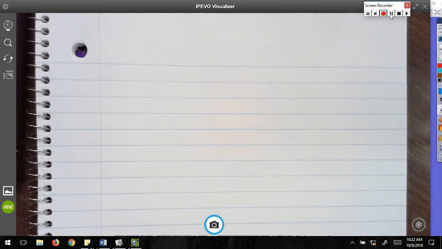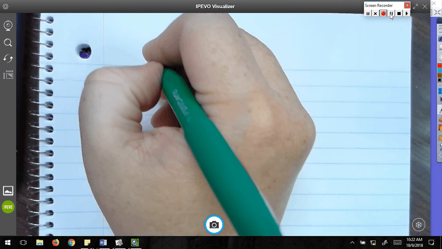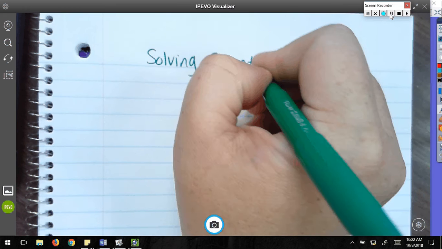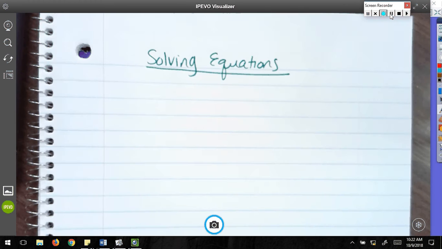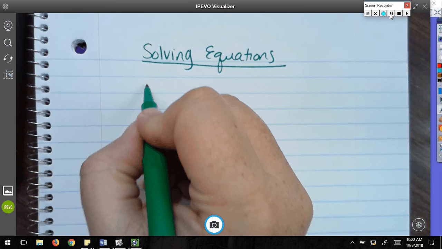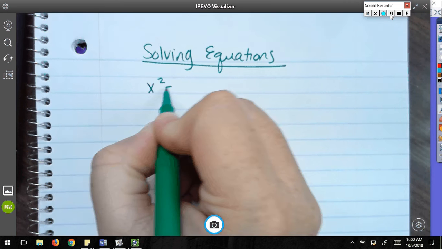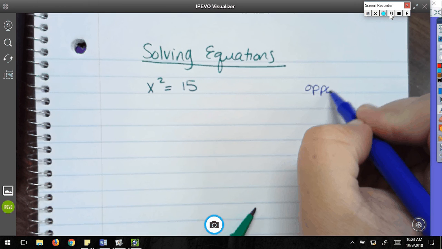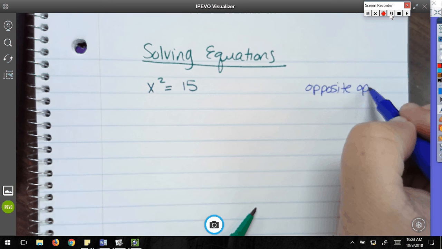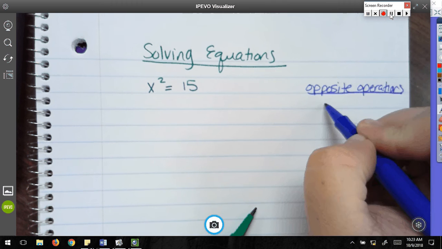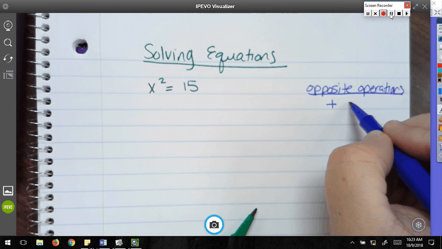One final thing here, solving equations involving roots, okay? Now I want you to think about something with me for just a minute. If I have x squared equals 15 and I want to solve that, well, we know that opposite operations are what cancel out certain things, right? For instance, when I'm solving an equation, the opposite of addition would be subtraction.